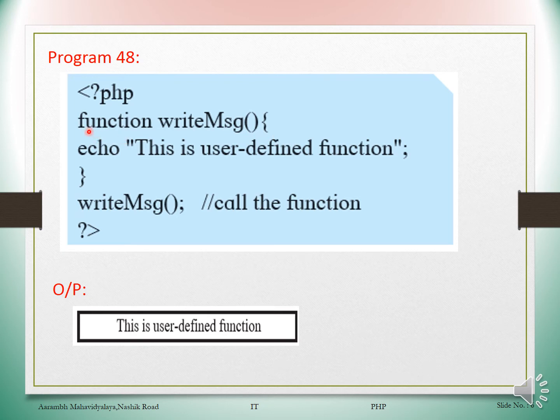But while using a user defined function, we have to provide the word function and then give the function name, that is writeMessage is our function. This is not a reserved word, it is not an inbuilt statement or inbuilt function. It is completely a new word which is known as a user defined function.